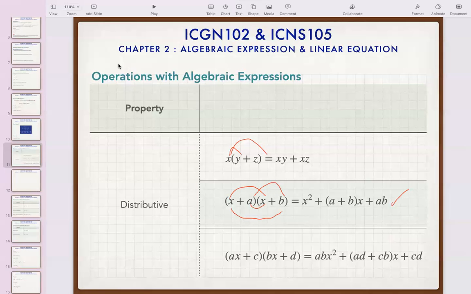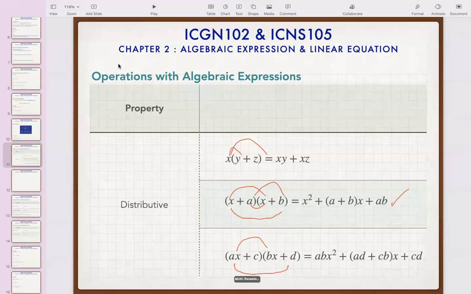And when we have (ax plus c) times (bx plus d), the way that we do it is the same thing; we use the FOIL method as well. For F, first, we get ax times bx, which is abx squared. Now we have O, that is outer, a times d x.